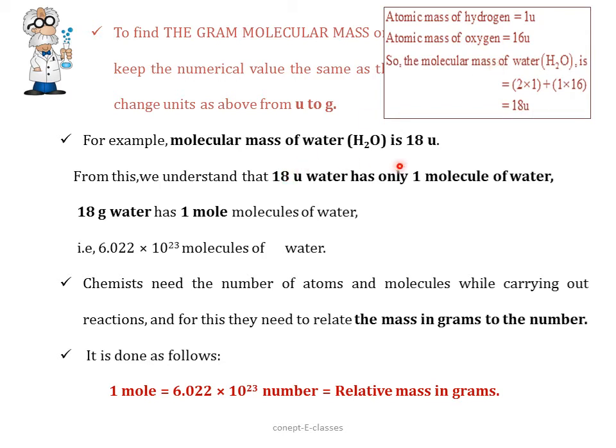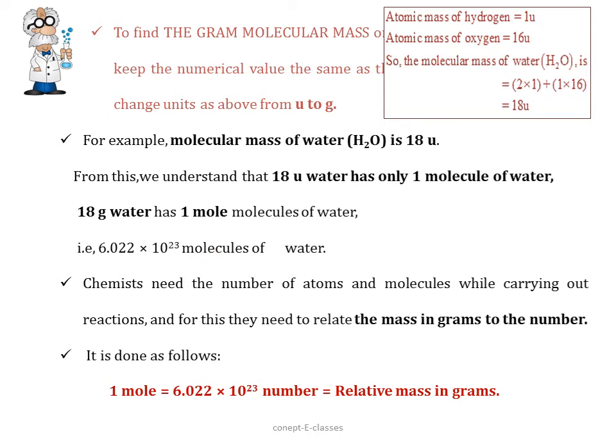So from this we can understand that 18 u of water is only one molecule of water, right? To find the gram molecular mass, we convert this u to g, and from that we can understand that 18 g of water has 1 mole of molecules of water, that is 6.022 into 10 raised to 23 molecules of water.